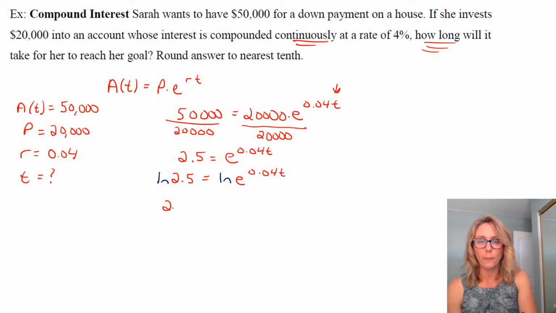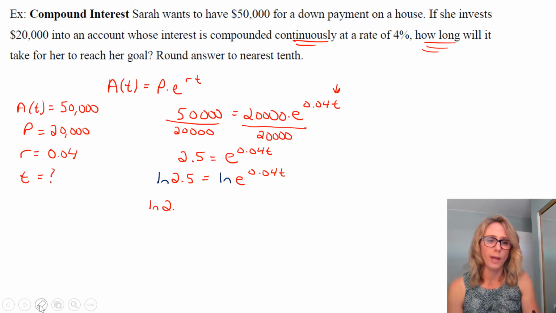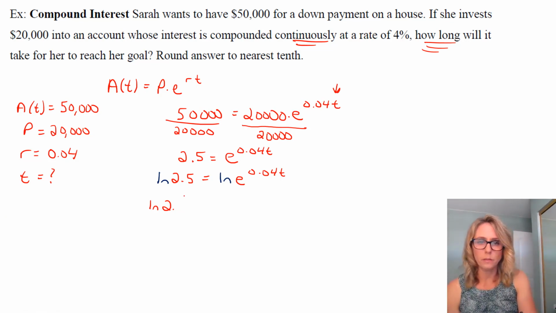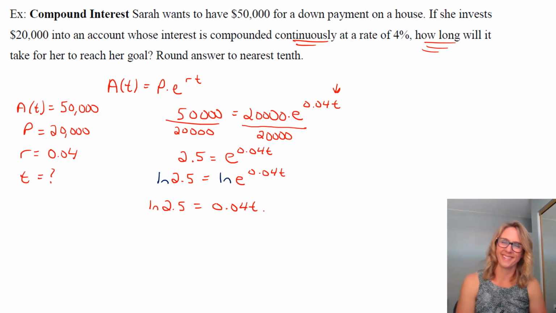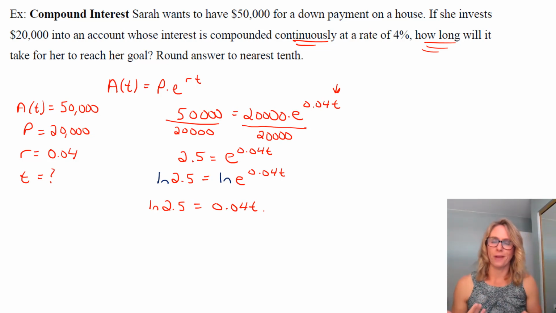When we do this, we remember that we still have ln 2.5, but on the other side, we can free the t, because, as we've already talked about, this immediately goes to this. That is how it simplifies, because it says e to what power gives me e to the 0.04t? The answer is 0.04t.